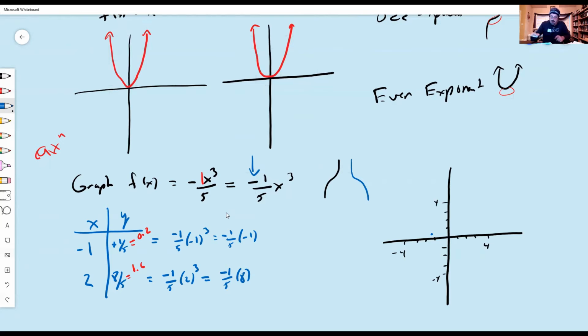I'm sorry, we made a mistake. At 2, I said this is a minus 8 here, so this is a minus 1.6. So at 2, we're down here at minus 1.6, somewhere in there. So you can see over here we have to be coming down like this. We're going very, very fast, and we kind of flatten out through 0, and curve down again very, very fast.